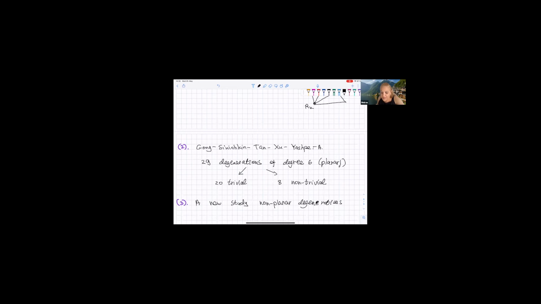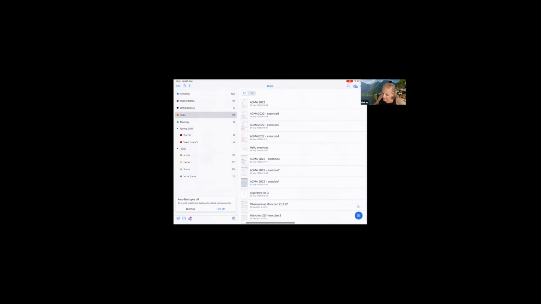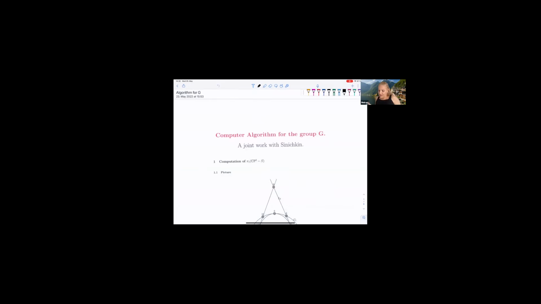And in 1 minute, I want to show you, I'm almost at the end of my talk. And for the end, I want to show you something very nice. Please see this. This is a computer algorithm for the group G that I developed with Sinichkin from Tel Aviv University.